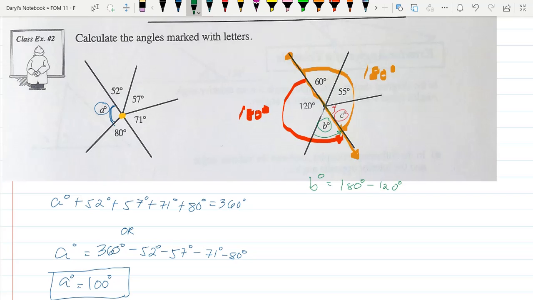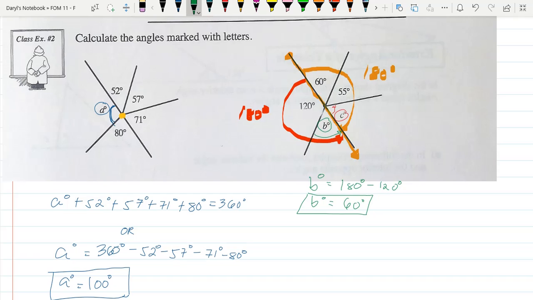So B is just 180 degrees minus 120 degrees, and that gives me 60 degrees. Therefore, angle B is just 60 degrees.